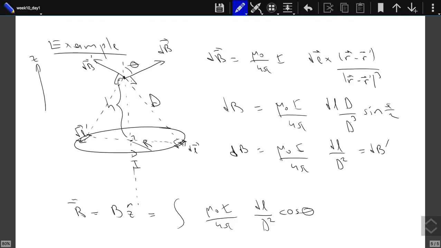This gives me the z component of the contribution from this segment over here. But then let's say I'm summing over all these segments. Mu 0 is the same for all, I is the same for all of them, 4 pi is the same, d squared is the same, cosine theta is the same for all of them. So I can just take them out of the integration sign.